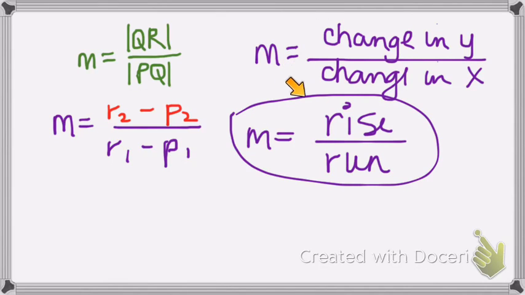Okay, so change in y, change in x, rise over run. Here's the difference in the y compared to the difference in the x, and this is kind of more geometrically stated. So all of those are ways to think of the slope of a line and being able to calculate that ratio.